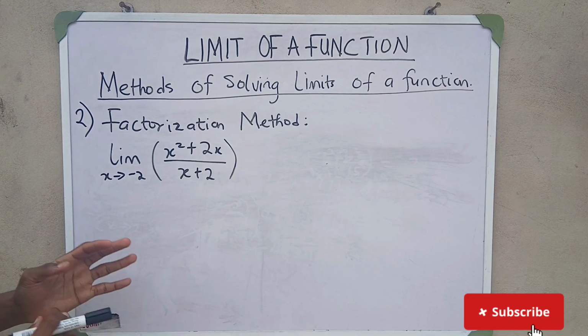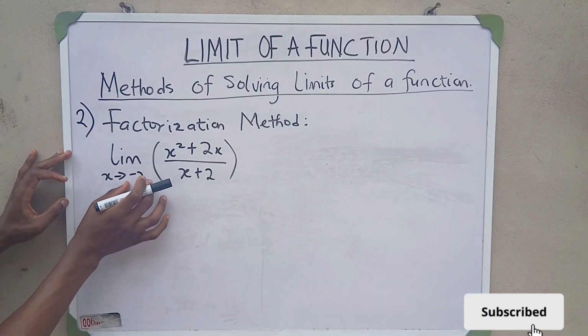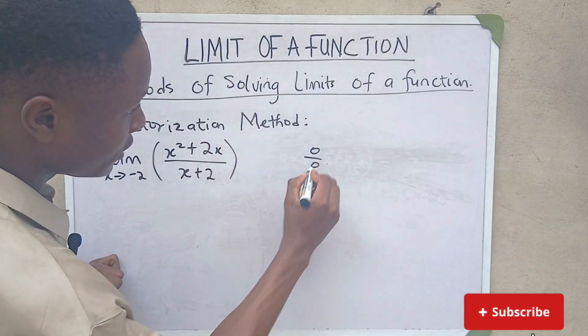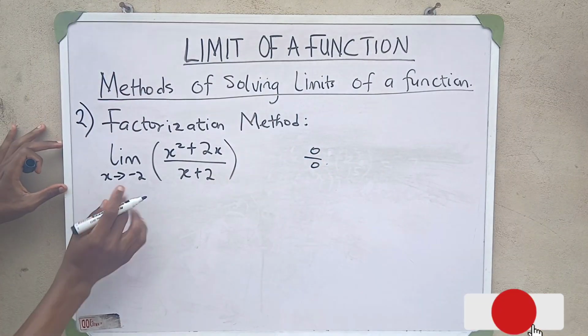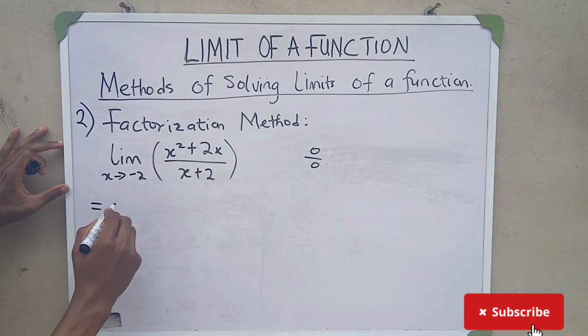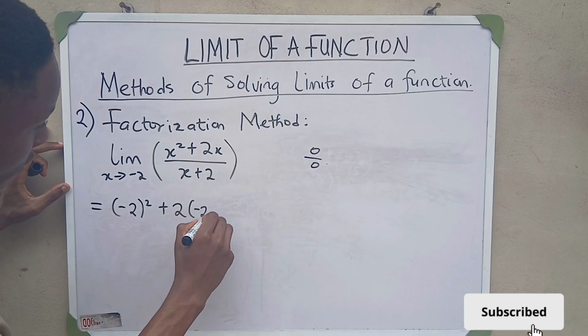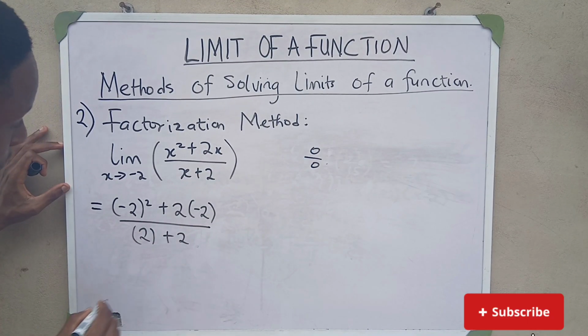So now we have another example. Let's substitute first the value of x to be minus 2 and check if it will give us 0 over 0. That is, the numerator will be 0 and the denominator is 0. So substituting the value of x as minus 2, we have minus 2 all squared plus 2 into minus 2 all over 2 plus 2.